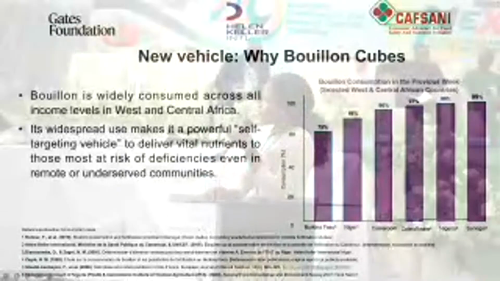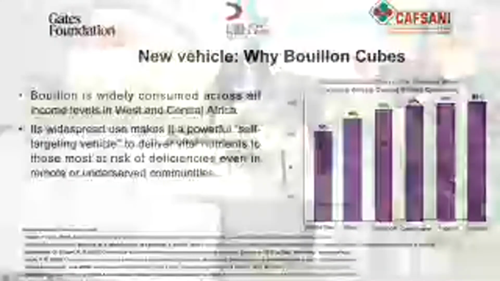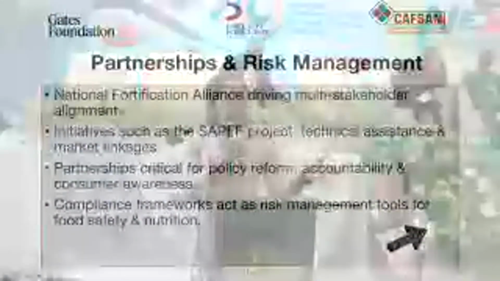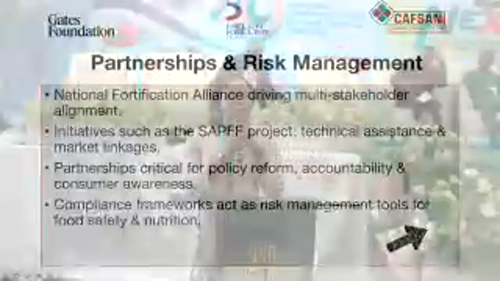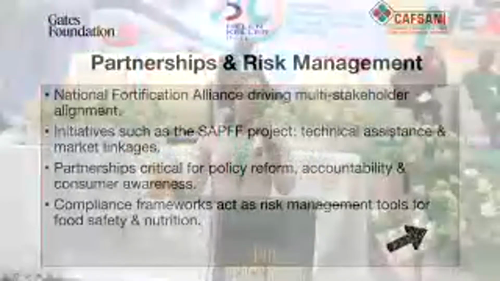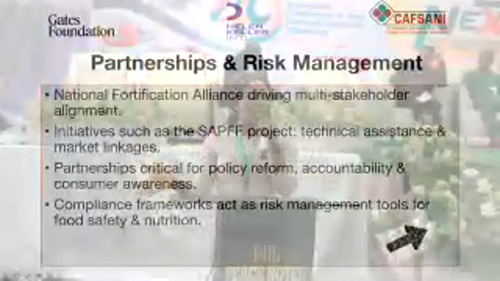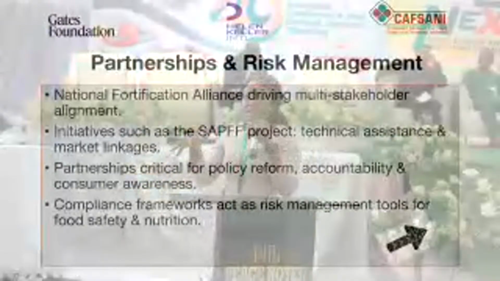So for partnership and risk management, we're saying that the National Fortification Alliance should begin to drive multi-stakeholder alignment. We're saying that academia should marry their research outcomes with what the industry requires for production and fortification operations.